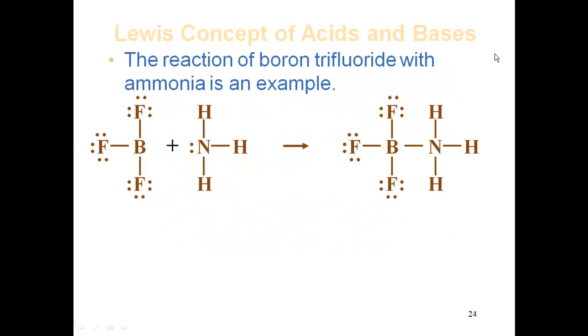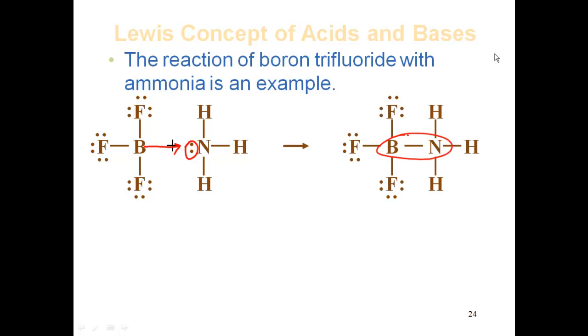Here's an example. We've got boron trifluoride reacting with ammonia, BF3 and NH3. These are two components that react with each other to form a new compound, a coordination compound, a complex. What we're looking for is lone pairs: what's bringing it and what's sharing it. As you can see, ammonia is coming over with a lone pair, and boron is then coming to share that pair and form this new bond between boron and nitrogen.